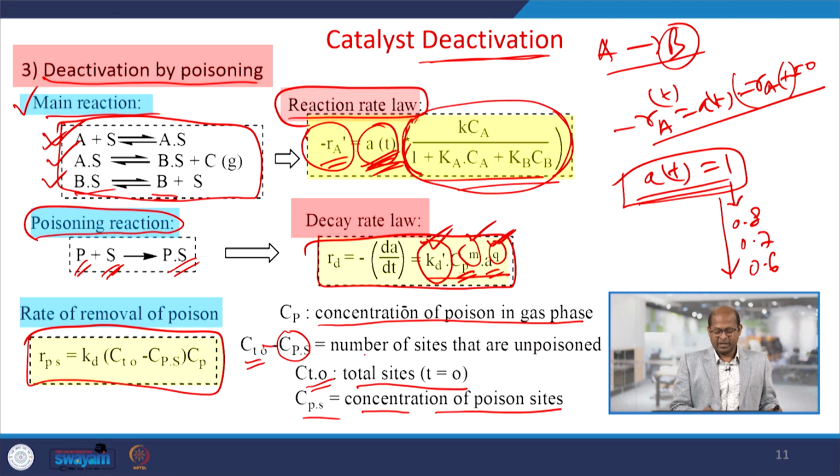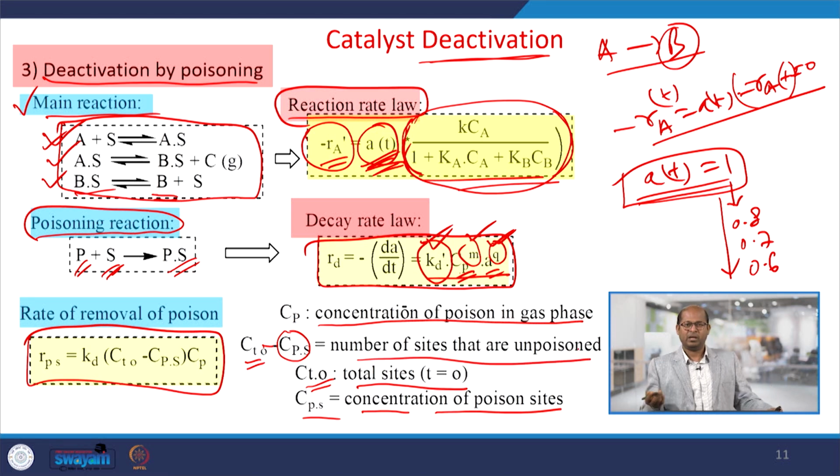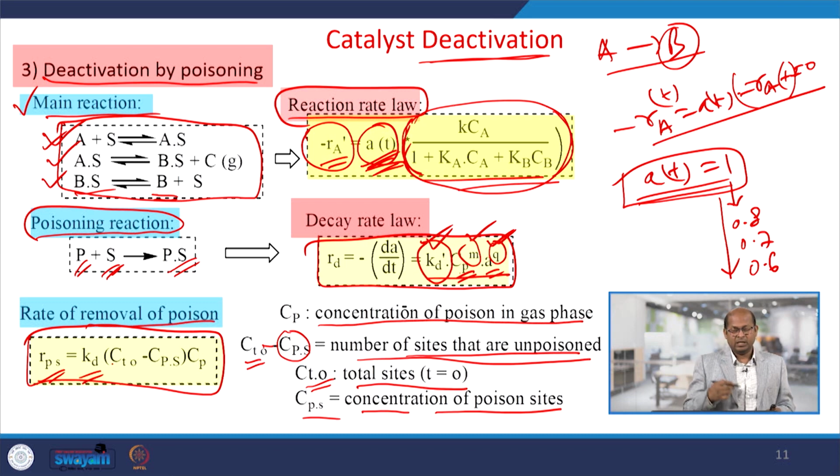So, the number of active sites unpoisoned or available is Ct0 minus Cps, that is the number of sites available for the reactions. Then the rate of removal of poisons we can write as Kd, the deactivation rate constant, times Ct0 minus Cps, that is the number of sites available or unpoisoned.